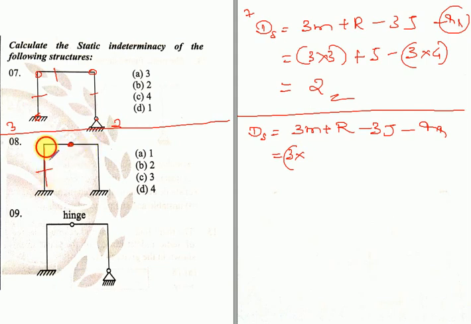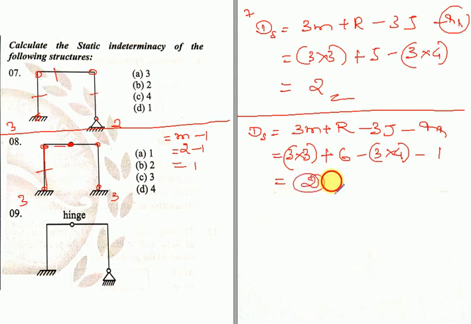This is 1 member, this is 2 member, and this is the third member, plus total number of reactions, here 3, here 3, it would be 6, minus 3 times the number of joints, 1, 2, 3, 4. 4 joints are present, minus redundant reaction m minus 1. Here m is the total number of members meeting at the hinge, 1, 2, which is 2 minus 1, equal to 1, and if you calculate you will get the value as 2.